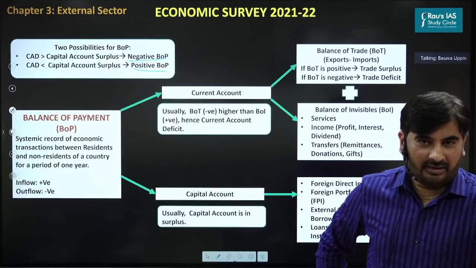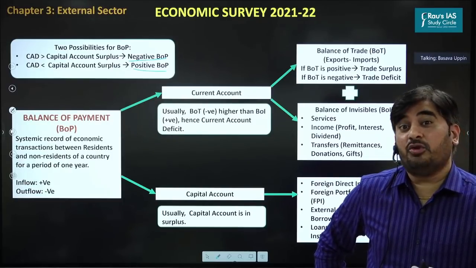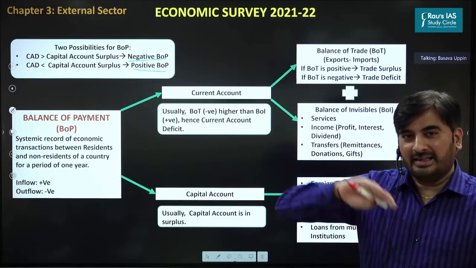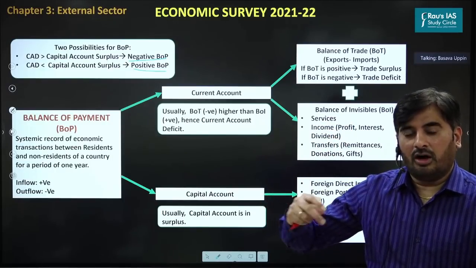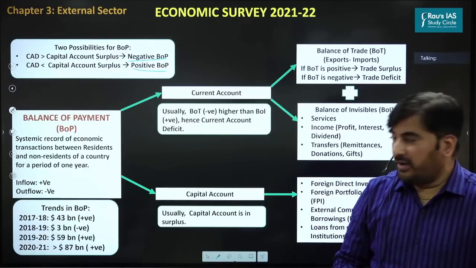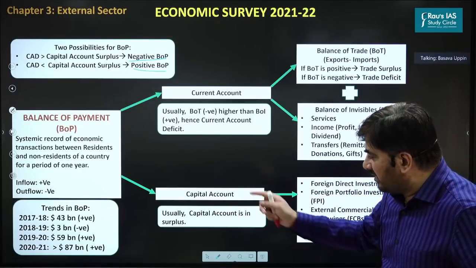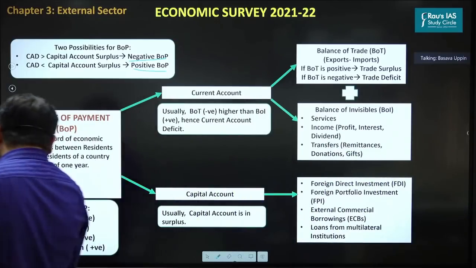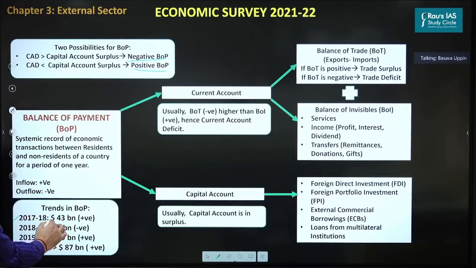You need to understand the general trends as far as BOP is concerned, whether the BOP has been increasing or decreasing, or whether the BOP is positive or negative. So here I have compiled the trends with respect to BOP. As you can see here, in the year 2017-18, the BOP was positive, $43 billion.